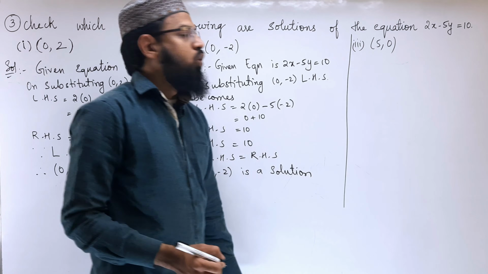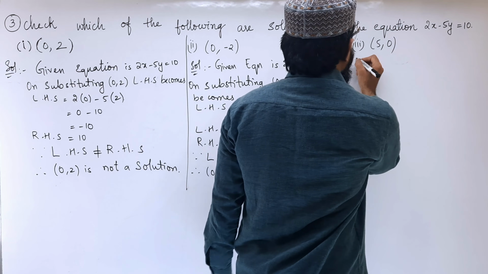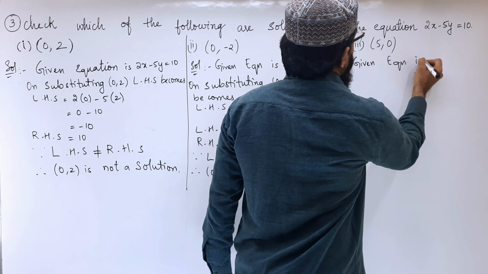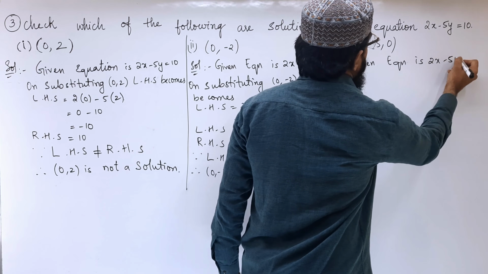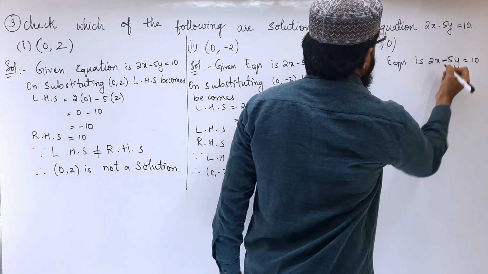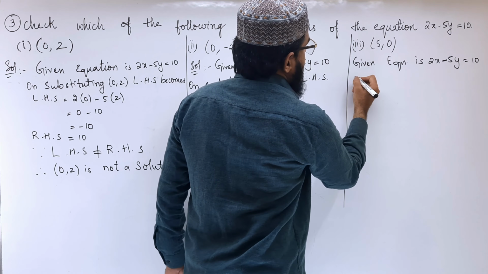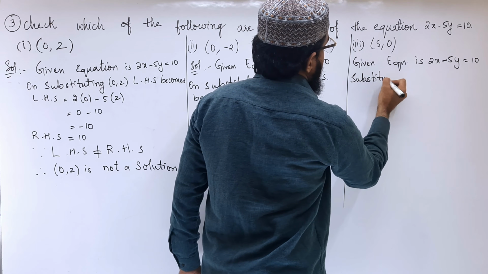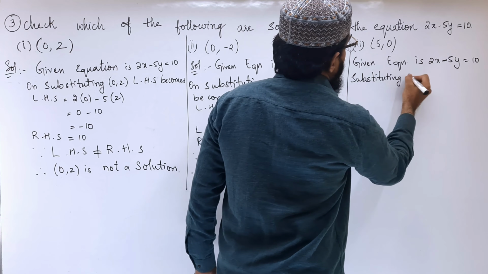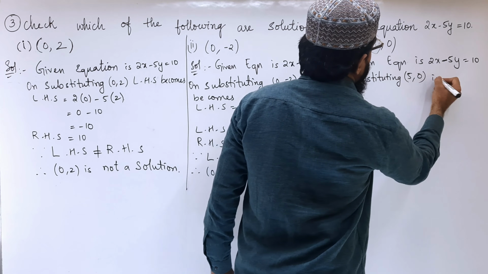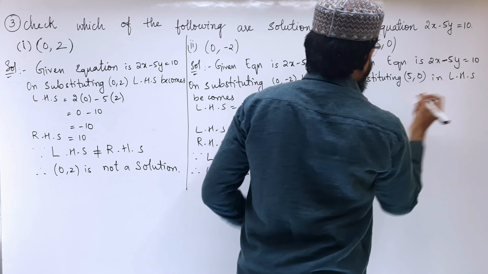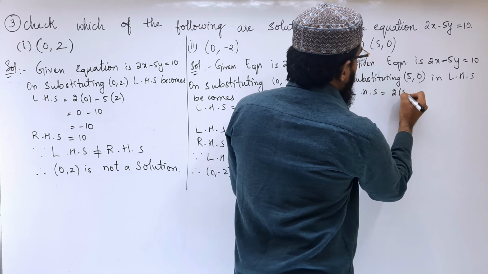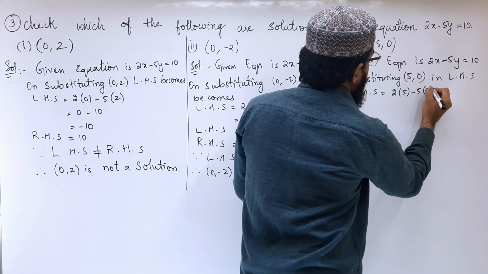Next, now we will go for the third bit. So let us write the given equation, 2x minus 5y is equal to 10. Now let us substitute (5, 0) in LHS. So LHS is equal to 2 into 5 minus 5 into 0.